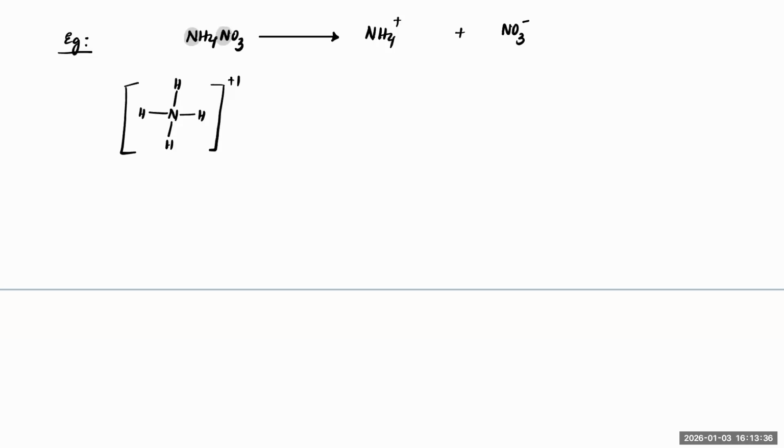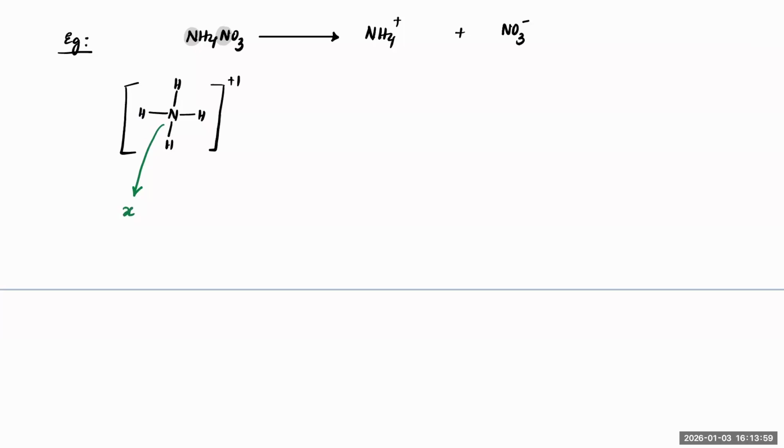Now, there are two ways of identifying the oxidation state on this nitrogen. Let's say I have defined that the oxidation state of hydrogen here is +1. Then accordingly, what will be nitrogen?